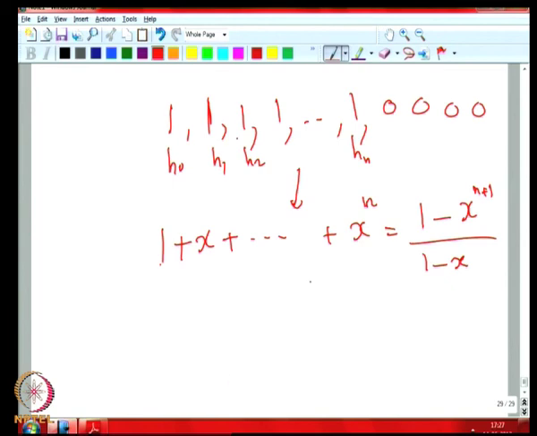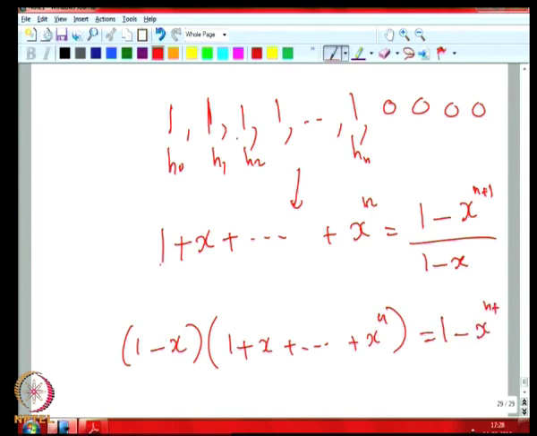For instance, you can try multiplying 1 minus x into 1 plus x plus up to x raised to n. This will indeed be 1 minus x raised to n plus 1, because when you multiply by 1 you will get this entire term, and when you multiply by minus x, you will get a minus x here, minus x square from here, and finally minus x raised to n plus 1.